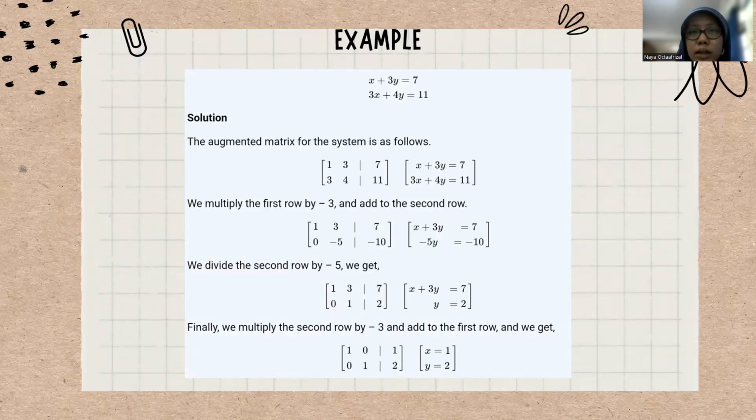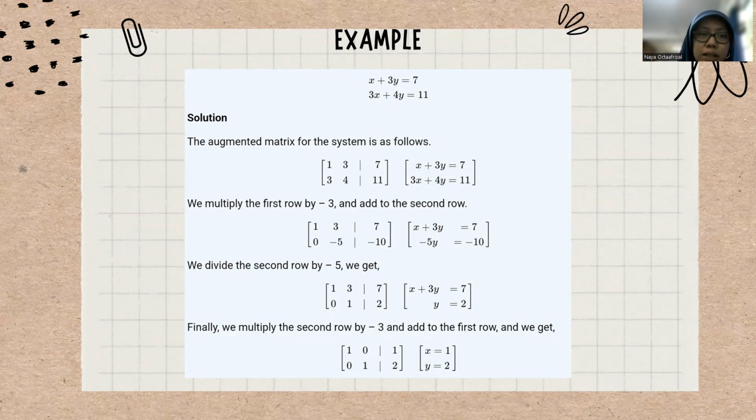For example, we have two equations, x plus y equals 7 and 3x plus 4y equals 11. To find the solution, we first rewrite the augmented matrix for the system as follows. Then we multiply the first row by -3 and add to the second row.